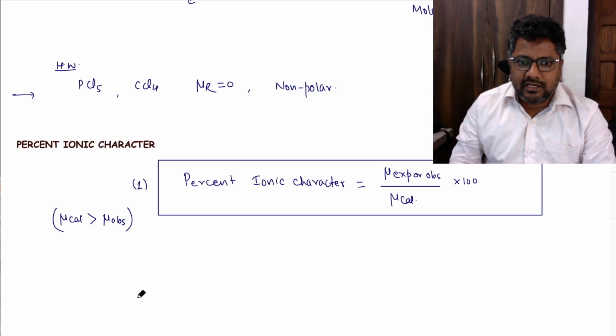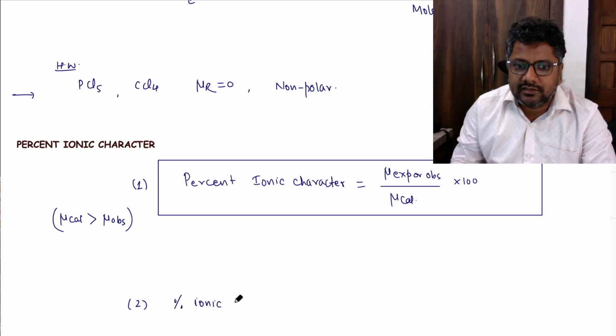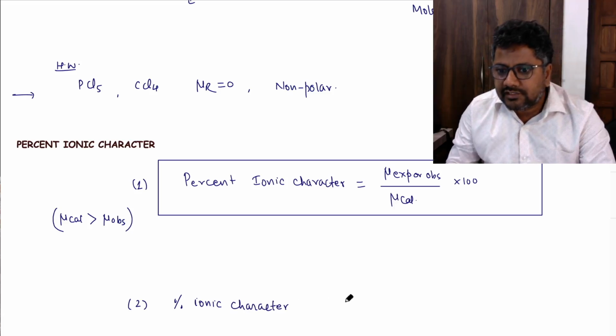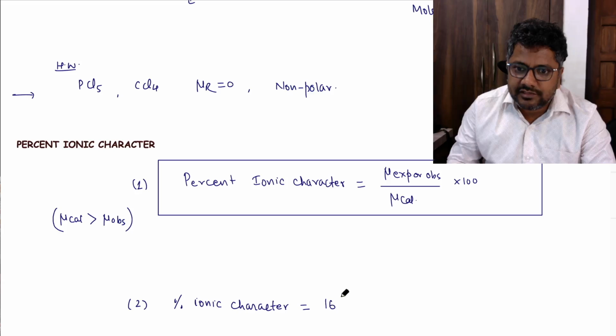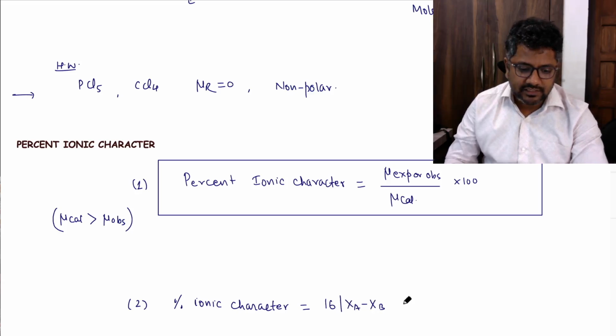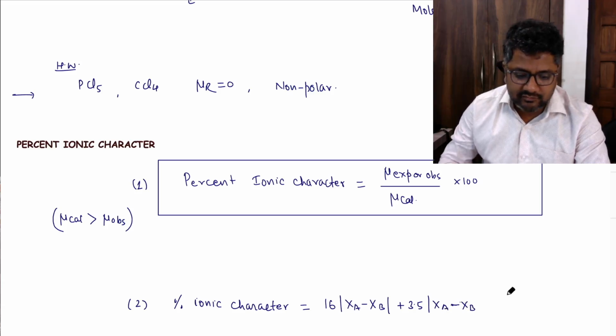Another formula I have already told you, but here you can revise this. The percent ionic character is equal to 16 xB plus 3.5 xB square.